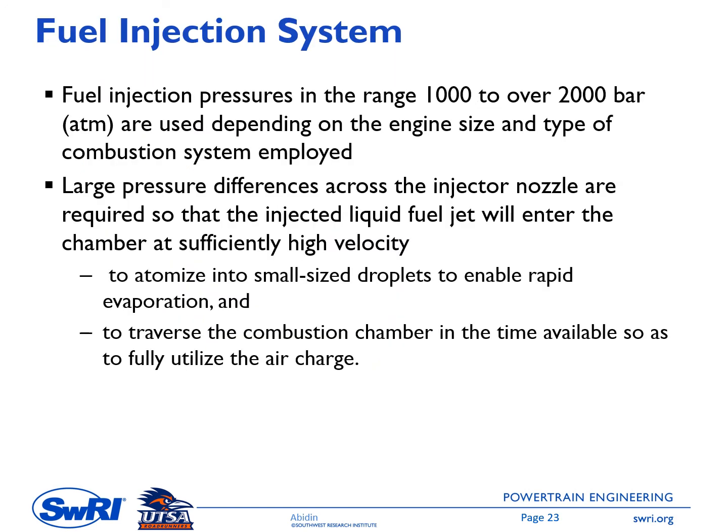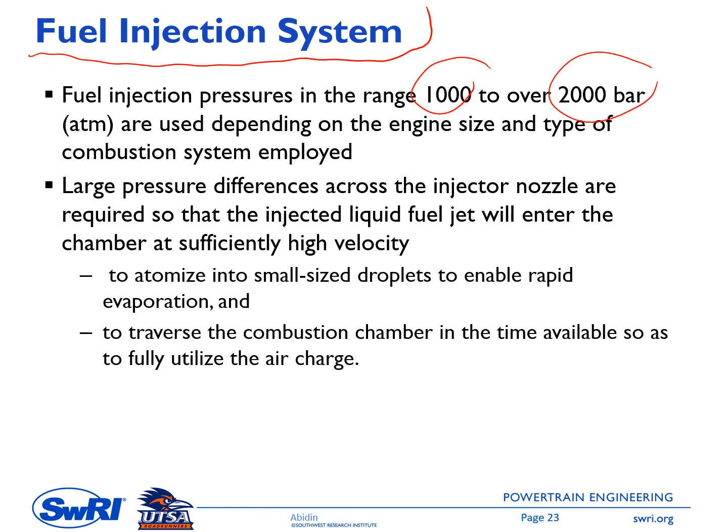Next one, let's take a look at the fuel injection system. This is the vital component of diesel combustion, because through this system the fuel is injected. The fuel injection system usually supplies a pressure of between 1000 to 2000 bar to make sure that we have sufficient fuel atomization.